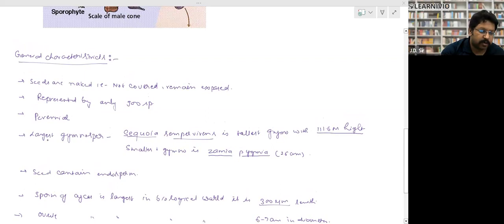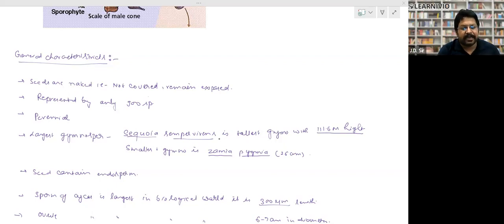Next point, this is important. The largest gymnosperm is Sequoia sempervirens. Note it down. Sequoia is the genus, sempervirens is the species.